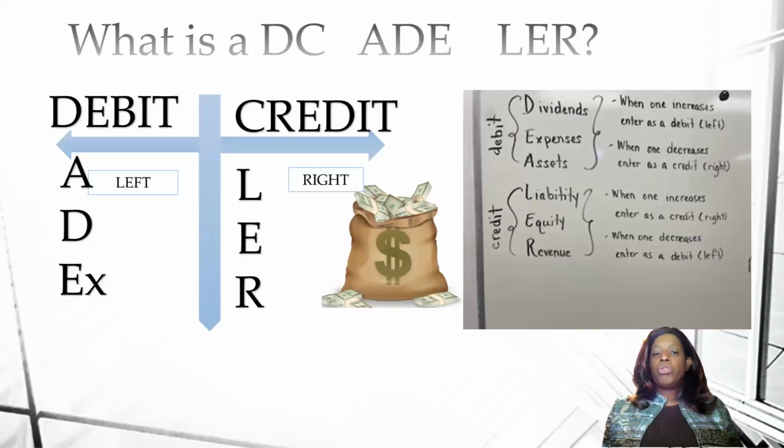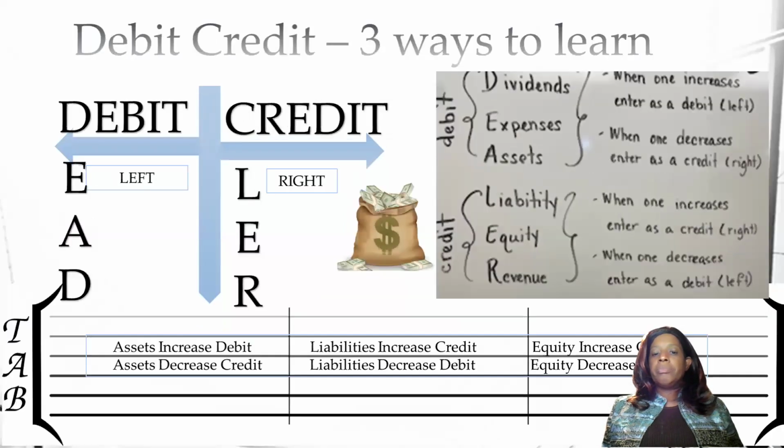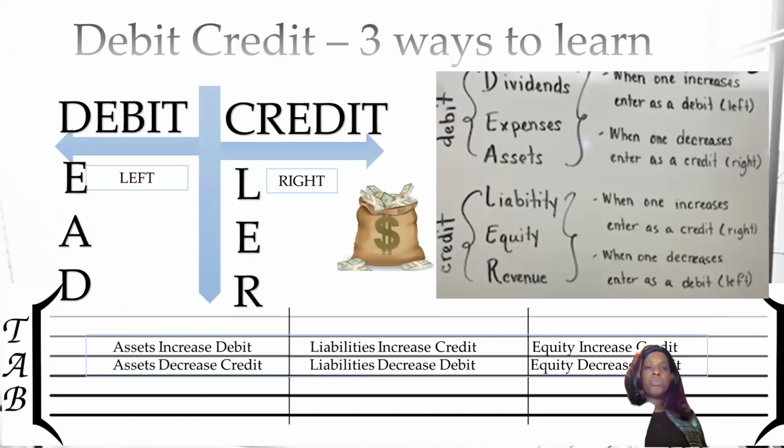All right. So we're going to go to the next slide. And in this slide, I have put up all the 3 ways you can learn it. So every one of us is a different learner, right? Some of us would prefer the T, which looks more like art. Some of us want to read it and categorize it with DEALER, learning from acronyms, and some of us may just want to learn it by using a song, a poem, whatever you do.